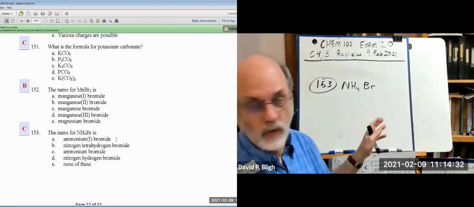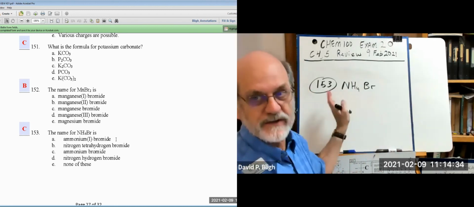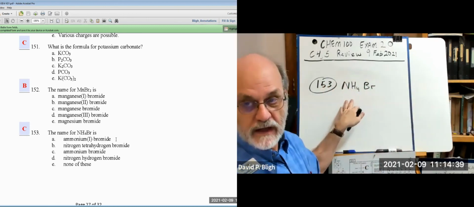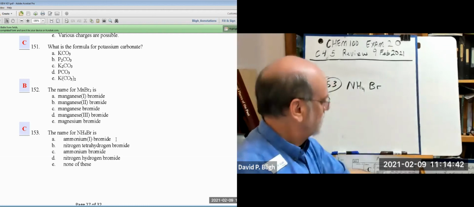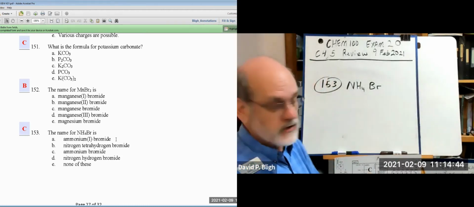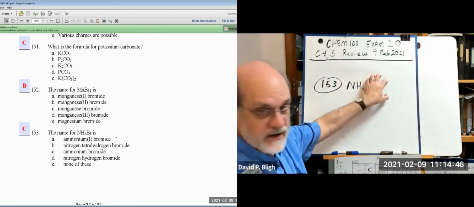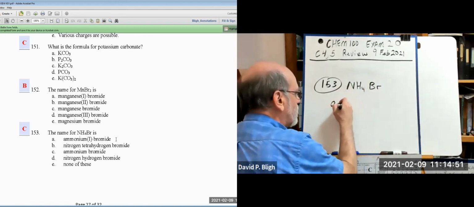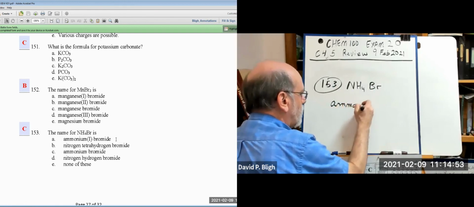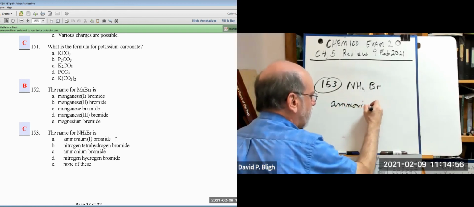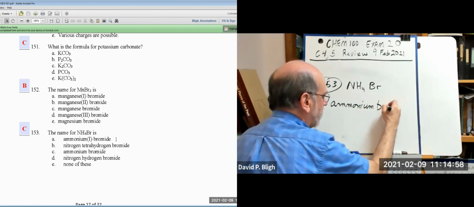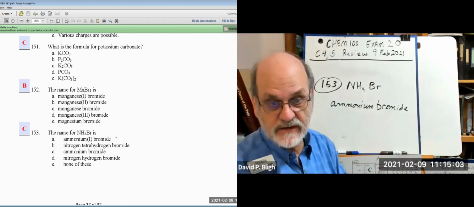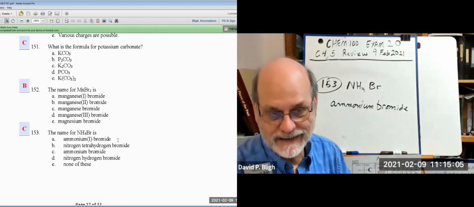And this is the only cation in that group. The rest of them are anions. This is the only cation we're interested in. So NH4 has a +1 charge, and that's a -1. So we just say ammonium bromide. Okay, that's it. Ammonium bromide.